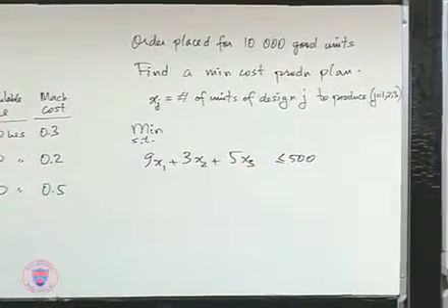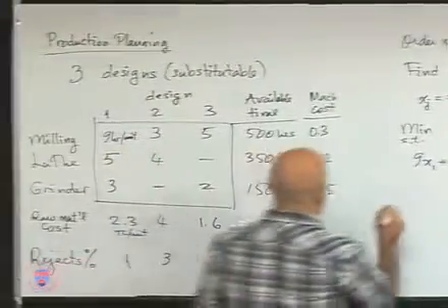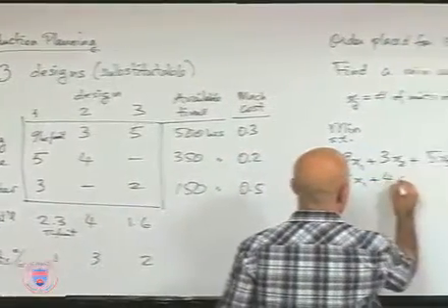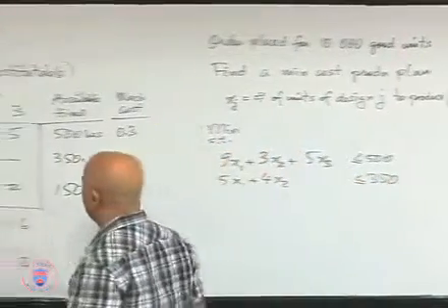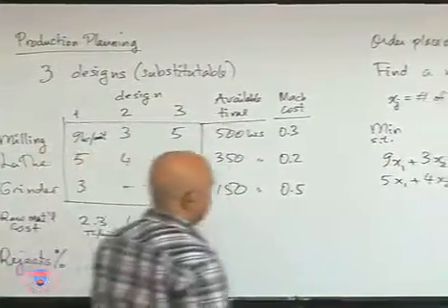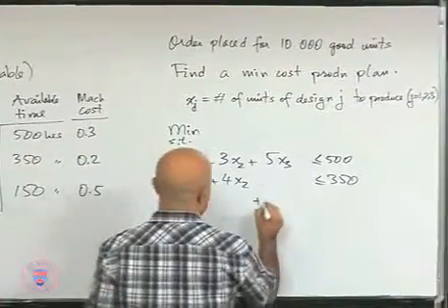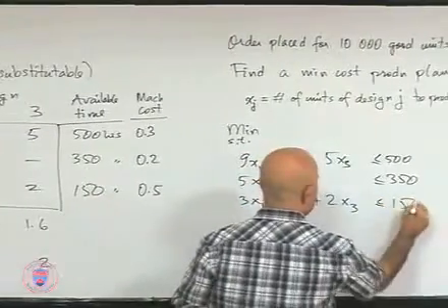That's the constraint for your first department. For the second one, it's similar, 5x1 plus 4x2 less or equal 350. And the last one, 3x1 plus 2x3 less than or equal to 150.